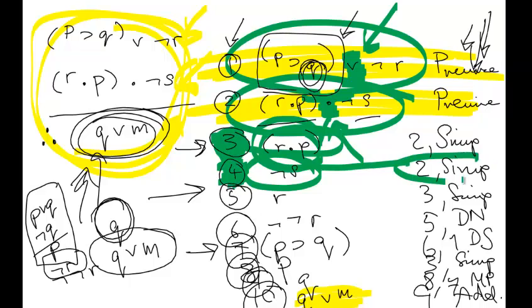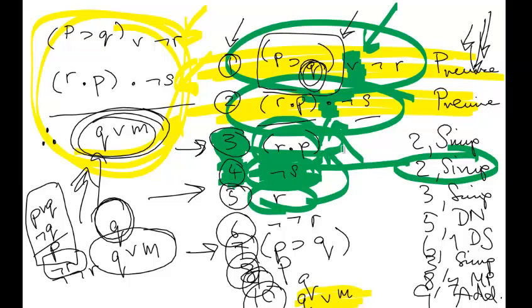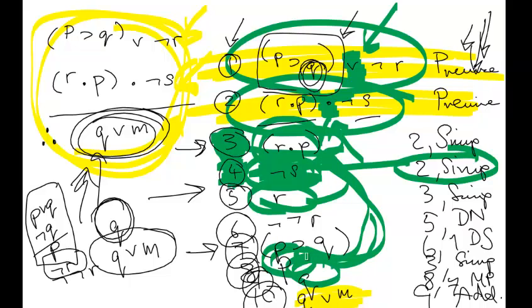I simplified also, and I got not S right there. I've got R. How did I get R? I got R by simplification here. And then I ended up needing to simplify again on line 8, sorry. From 3, also simplified. Okay, this is getting seriously messy.